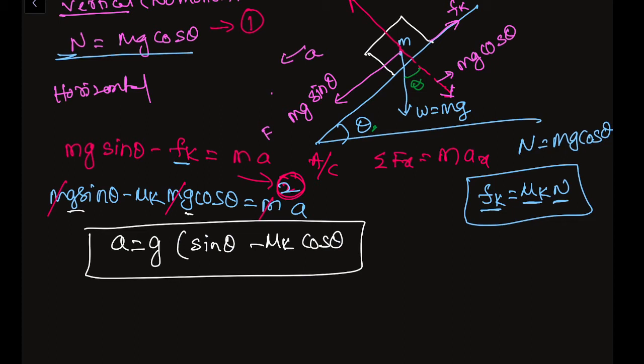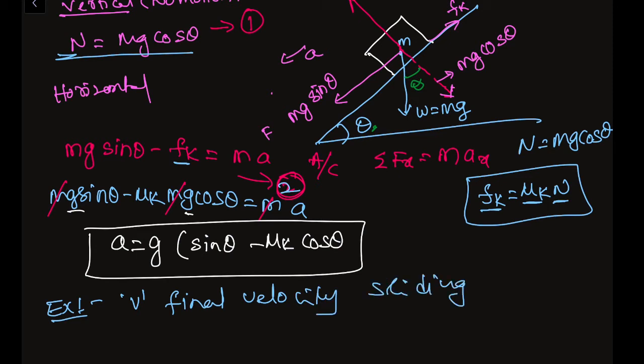See here, we have to find the final velocity, v final, of the sliding body. Very important, children.